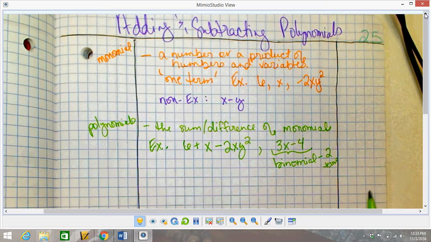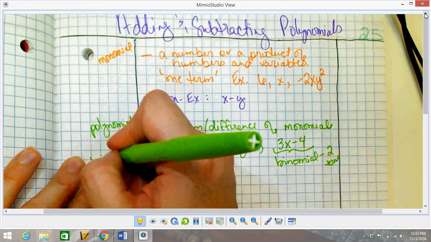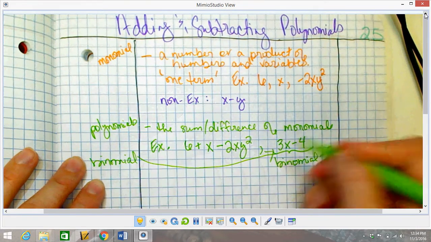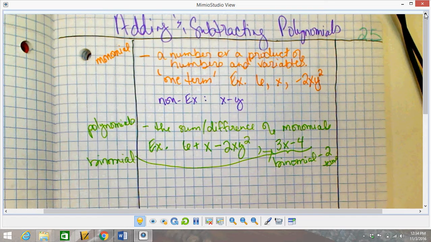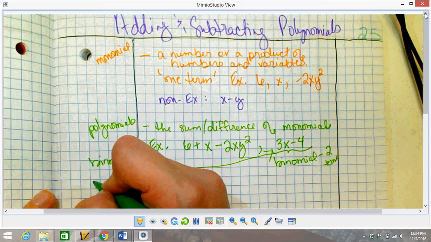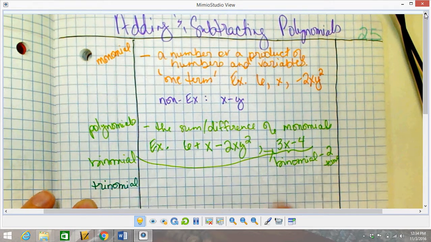So you can have some special types of polynomials. You could also have, let's put this little note over here, binomial. You could have a trinomial. And look at the way the word is made up.